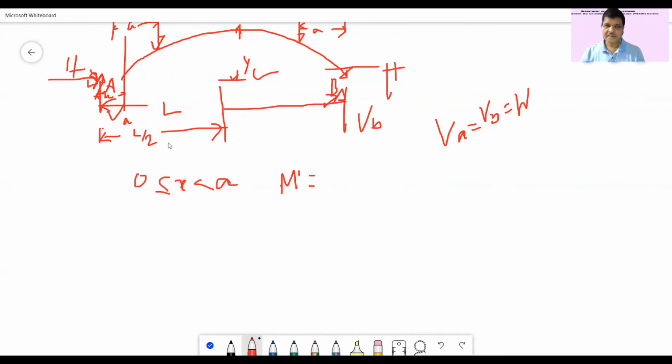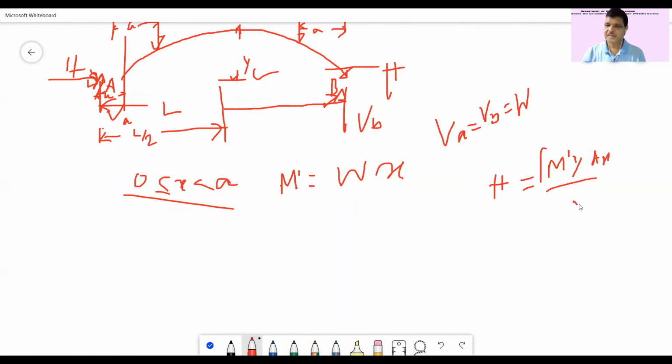Now what is M dash? Between 0 to A, M dash will be W into x, right? We have to find the total energy, integral of M squared dx by 2EI. So you have to use the equation you have developed: H is equal to the integral of M dash y dx divided by the integral of y squared dx, right?